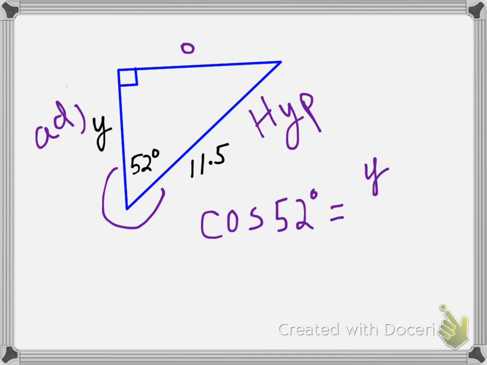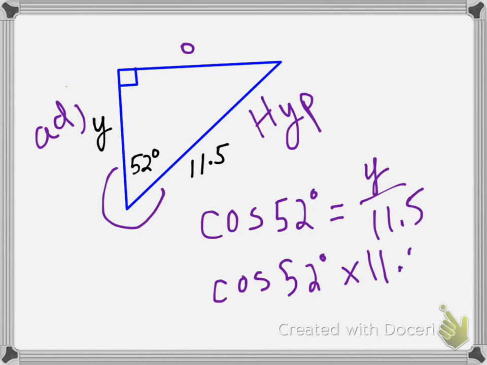It doesn't always have to be x, it's just a variable, over 11.5. And in this case, we will multiply cosine of 52 degrees by 11.5 to obtain our answer, which rounds to 7.1. Here we are. So that is our trigonometry basics.